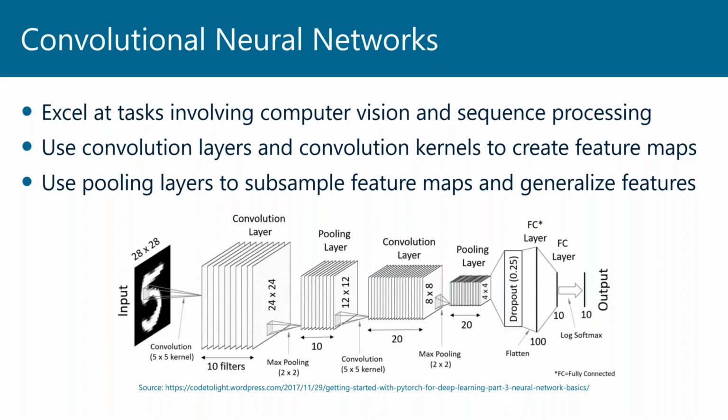If you've never been exposed to CNNs before, they consist of a stack of convolution and pooling layers followed by conventional fully connected layers of neurons that use the information extracted from the convolution and pooling layers to identify the objects in images.